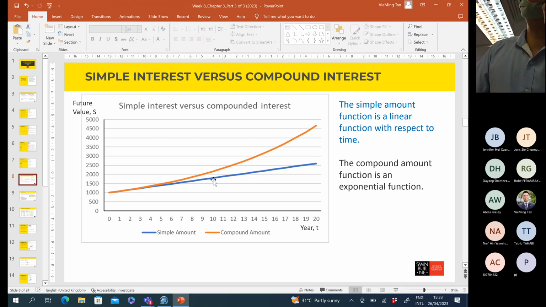But for simple interest, it's increasing in a straight line. It's a straight line type of increment, so it's slower compared to compound interest calculation. If you are the investor, usually we'll go for compound interest. More return, higher return compared to simple interest.